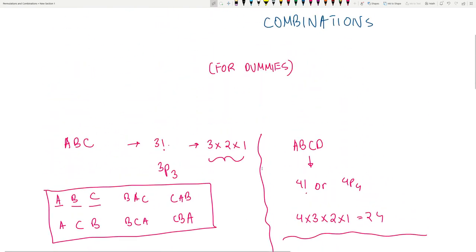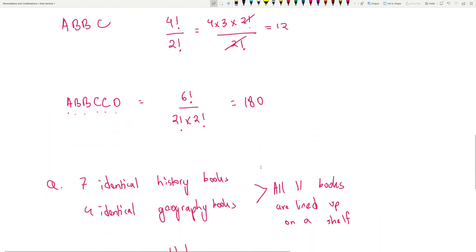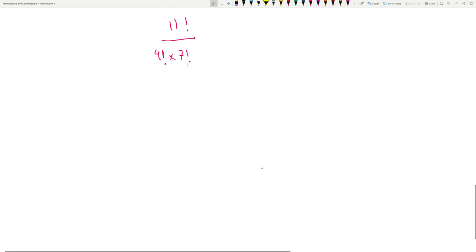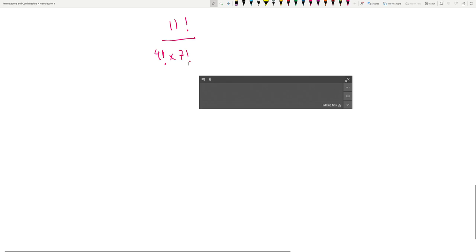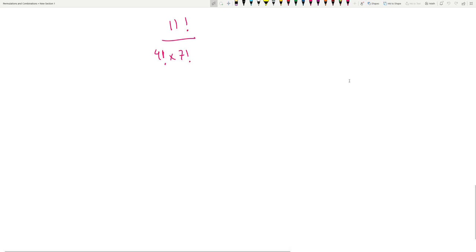Now let's move on to a few harder concepts. You'll be given questions where you're asked to line girls or boys up in a straight pattern, or they'll be asked to stand or sit down in a line.